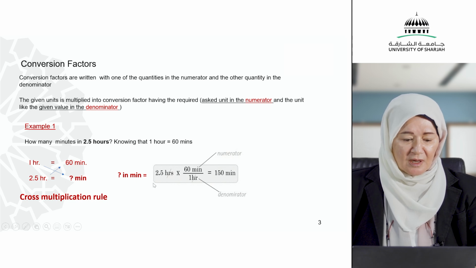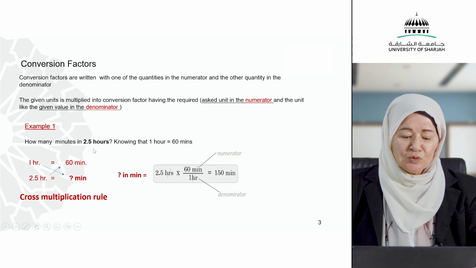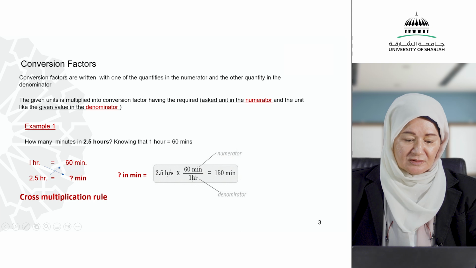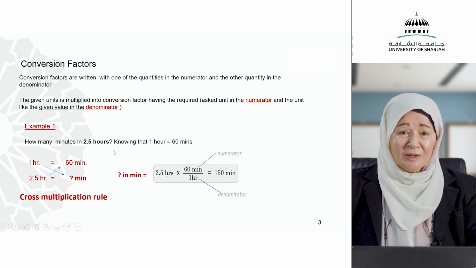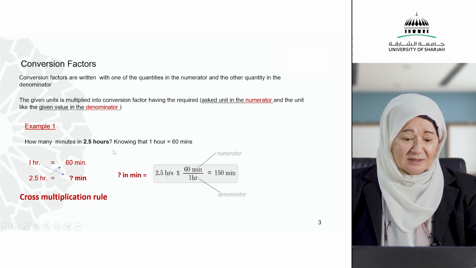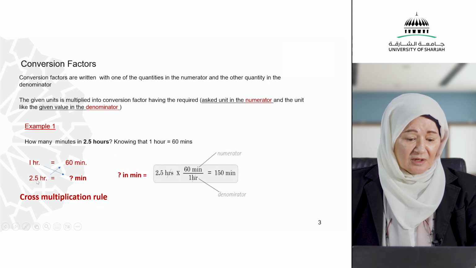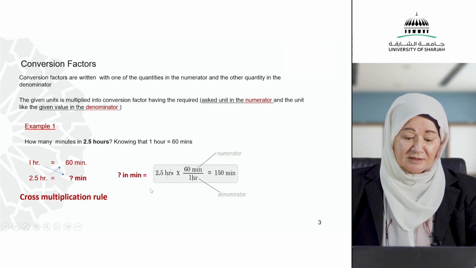Example number 1. How many minutes are in 2.5 hours? Already I know that 1 hour is 60 minutes. How much will 2.5 hours be in minutes? Look how I have already written it for you. 1 hour is equal to 60 minutes. 2.5 hours, how much in minutes?